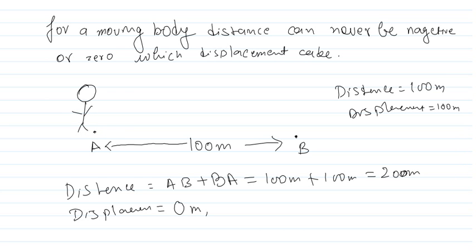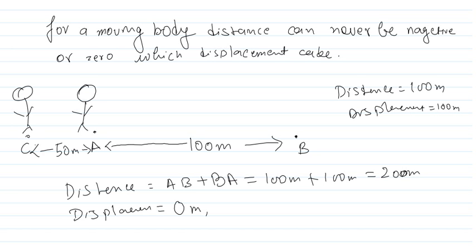Next, let's say this person moved further in this direction and reaches point C, where the length from A to C is 50 meters.